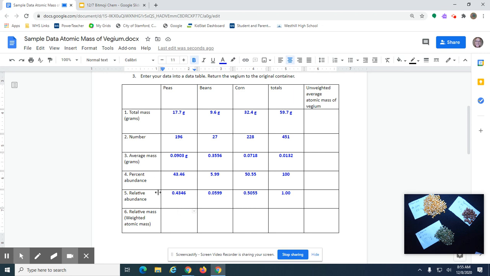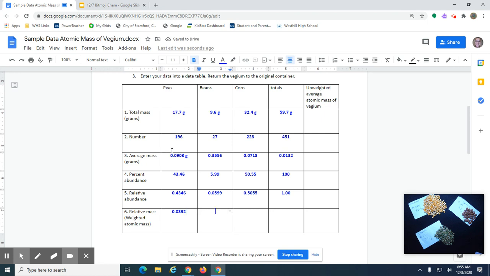So the relative abundance here, 0.4346 times the average mass of 0.0903, and we get 0.0392.